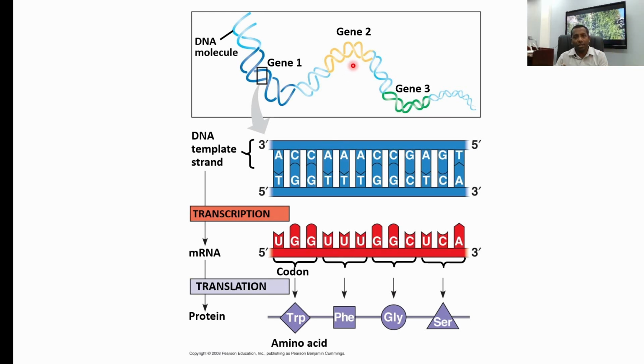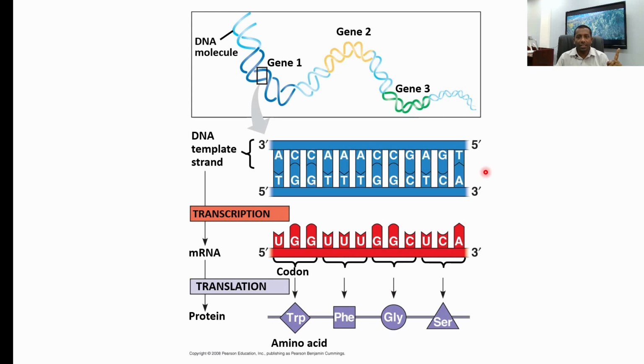In a different location, for example, gene number 3, the bottom strand may be involved in the synthesis of proteins. But for a given gene, only one strand is used in protein synthesis, and we call it the template strand.